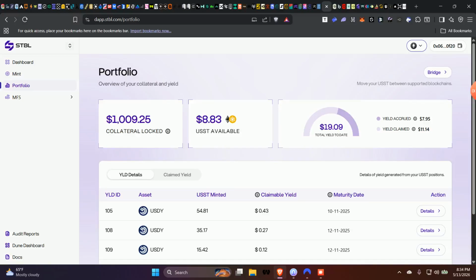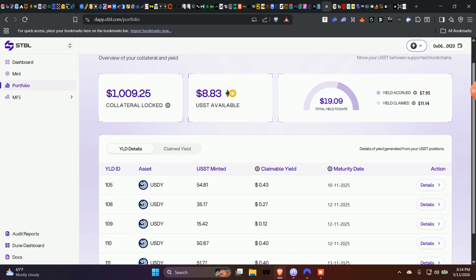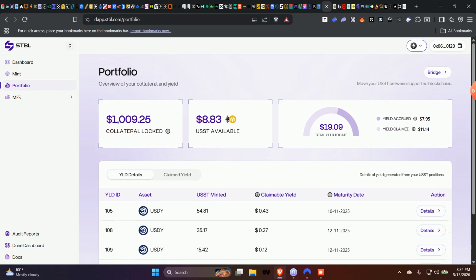You see I've got some claimable yield down there because I put in $54 here, $35 there, $15 there, $50 there. I just kept hitting it, and eventually I got up to $1,000.